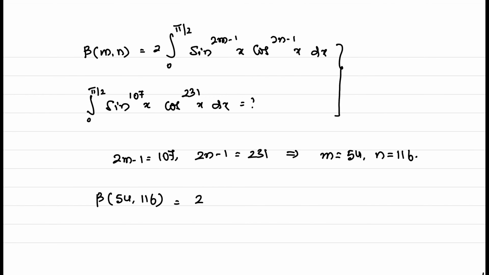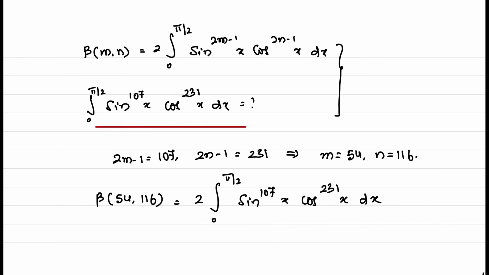It will be 2 into the integral from 0 to pi by 2 of sin to the power of 107x cos to the power of 231x dx. Here you compare these two. When you compare these two, the right hand side value is double.